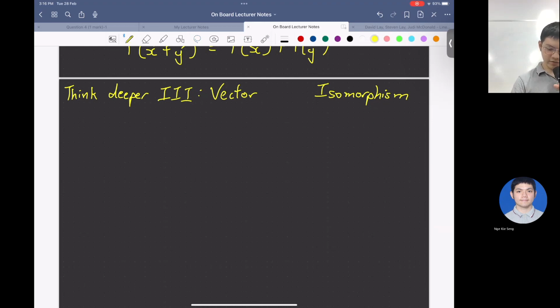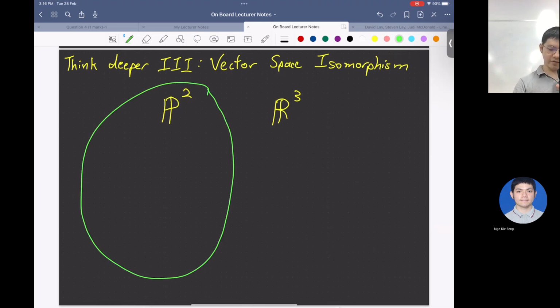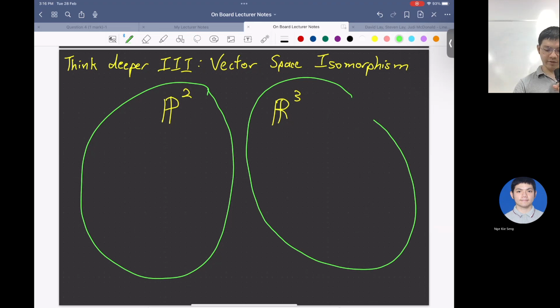Let me tell you the whole story and then we clean out this part. Let's just take P2 and R3. When I talk about these spaces, immediately you should think about some space, because they are originally a space.